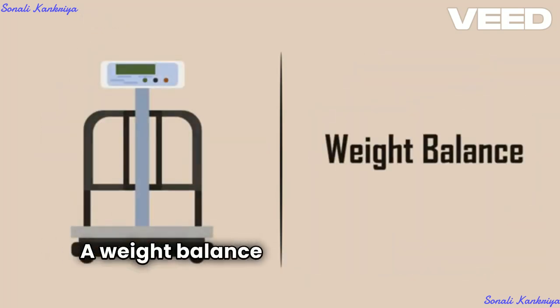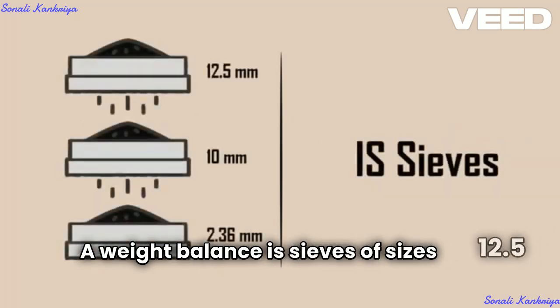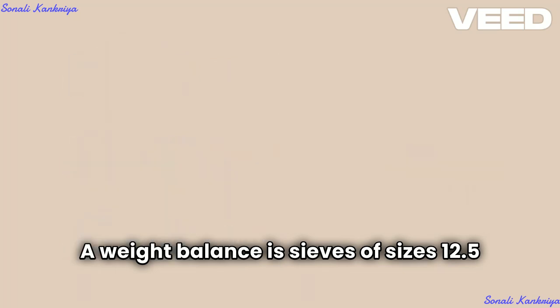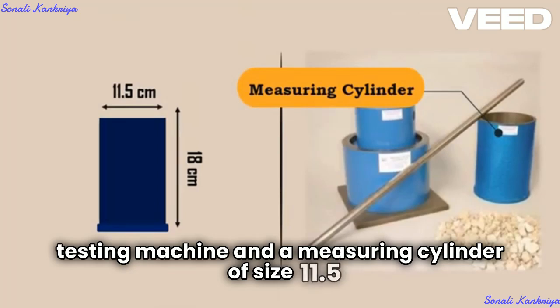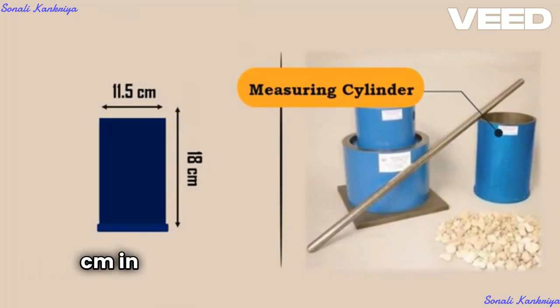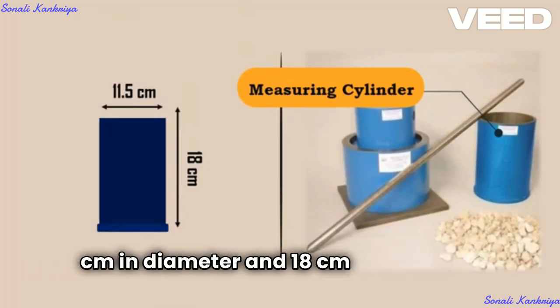A weight balance. IS sieves of sizes 12.5 mm, 10 mm and 2.36 mm. A compression testing machine. And a measuring cylinder of size 11.5 cm in diameter and 18 cm in height.